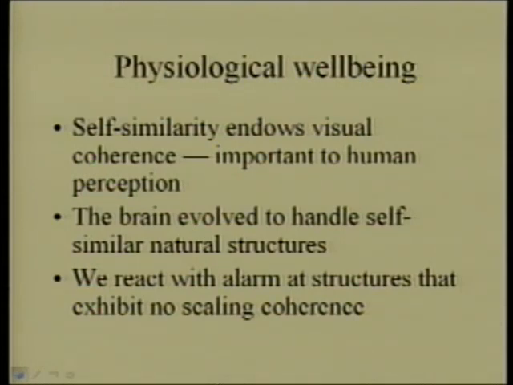And the opposite is true. Lack of coherence creates some anxiety. The human brain evolved to handle self-similar natural structures, and not for any other reason. So we react with alarm at structures that exhibit no scaling coherence.